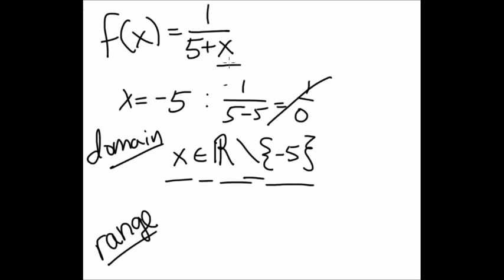Similarly, if we think about what would happen as we approach this left-out number. As we get closer and closer from either side to -5, we can imagine, for example, 1 over 5 plus -4.9999999999.